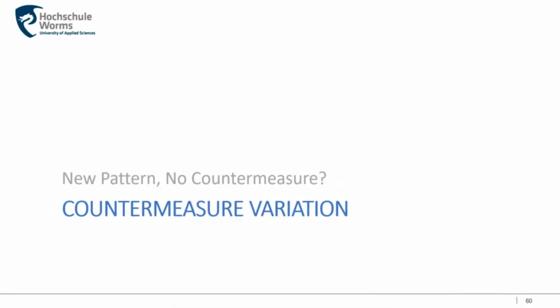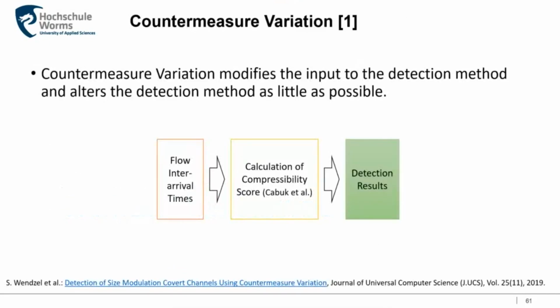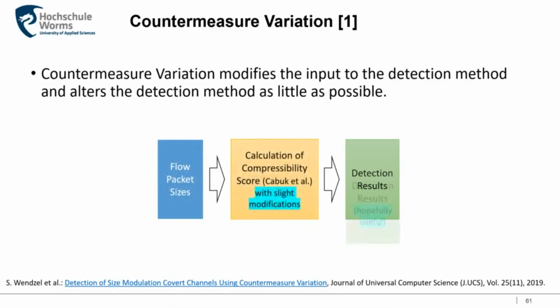And we played around with this and did something we call countermeasure variation. We take one of these methods, get some input like inter-arrival times, calculate the compressibility score, and get some results. What we do is we just replace this input with, for instance, packet sizes, adjust the measure, and get hopefully useful results. That's the classical approach.